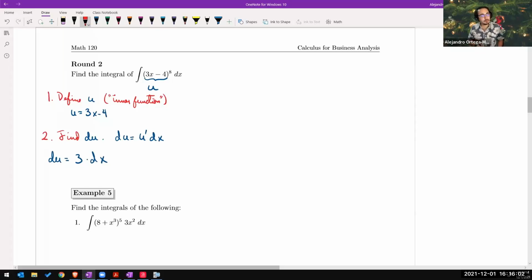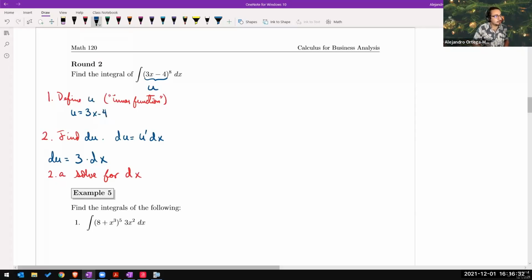Now, since we're learning it here kind of for the first time, I'm going to add an extra step here. Once you find the du, step 2.8: solve for dx.